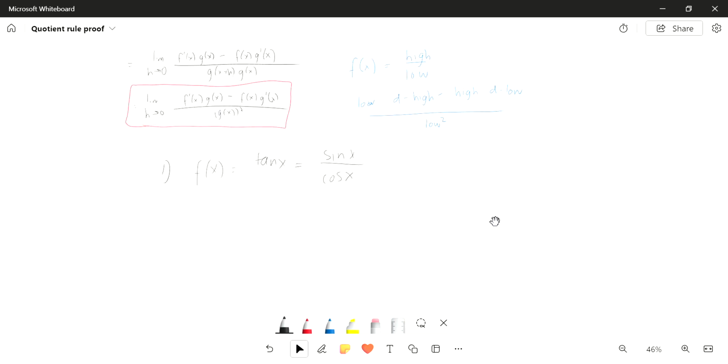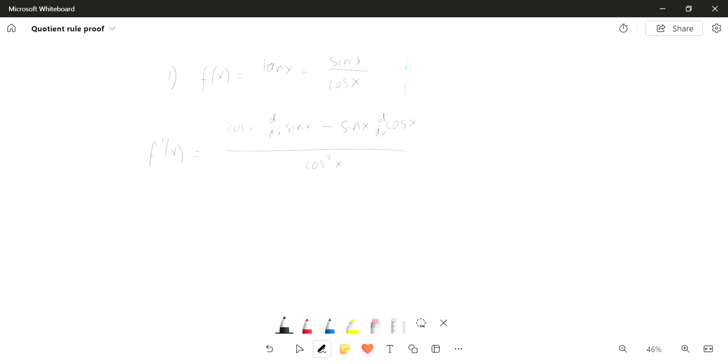In this case, our high function is sine and our low function is cosine. The quotient rule is low d high, so cosine x multiplied by the derivative of sine x, minus sine x multiplied by the derivative of cosine x, all over cosine x squared.